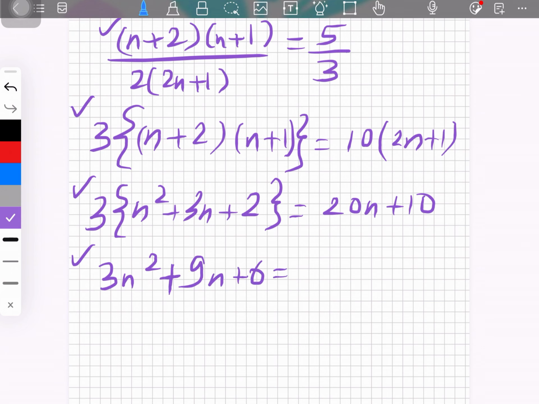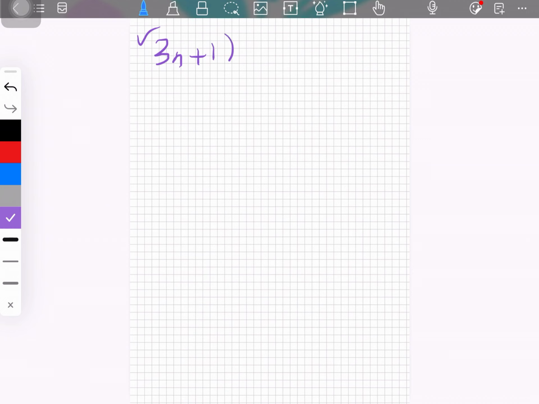It's not necessary to follow my steps. 3n squared minus 12n plus n minus 4 is equal to 0. If we take 3n common from this, we get 3n times n minus 4 plus 1 times n minus 4 is equal to 0, right? And if we take n minus 4 common, we get 3n plus 1 times n minus 4 is equal to 0.